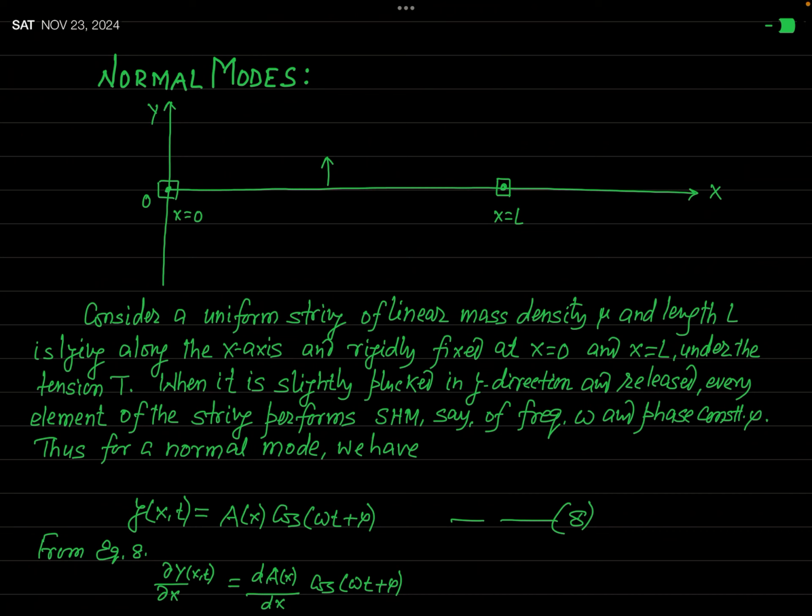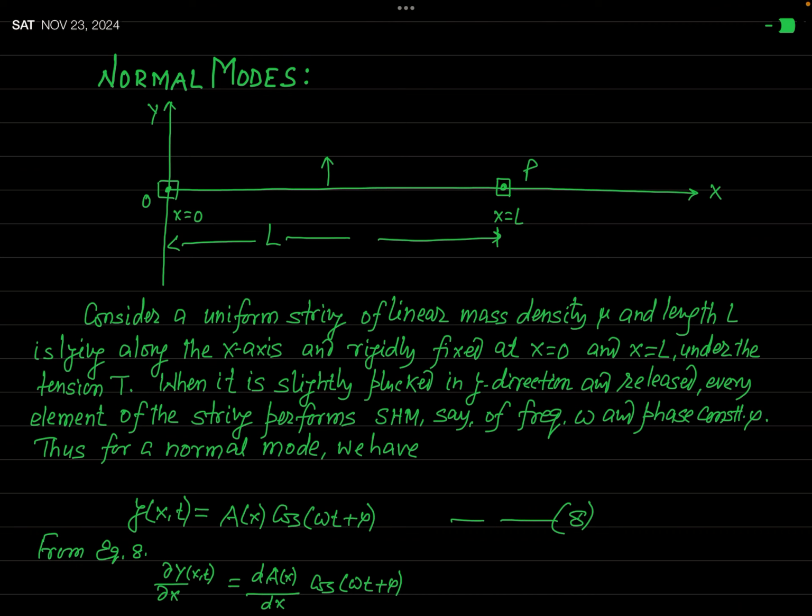One point is taken at the origin, x equal to 0, and the string is of length L, so it is rigidly fixed at its other end, let us say at point P. So at point O, x equal to 0, and at x equal to L, the string is rigidly fixed, clamped.